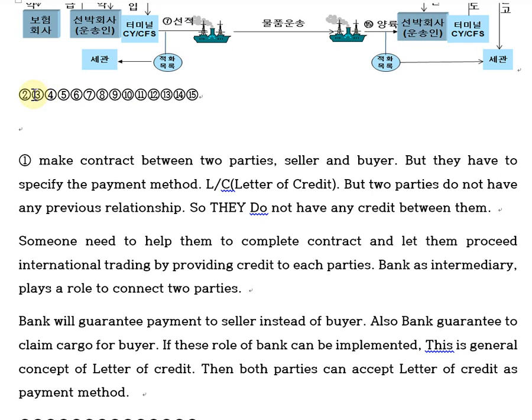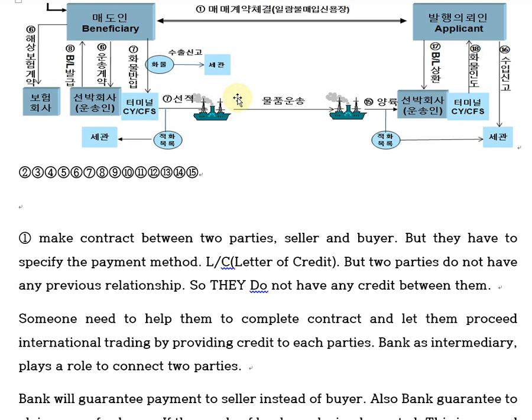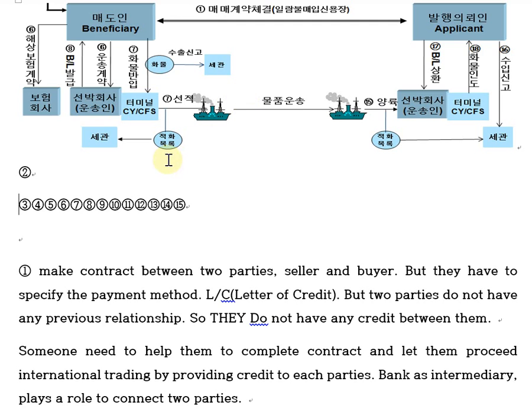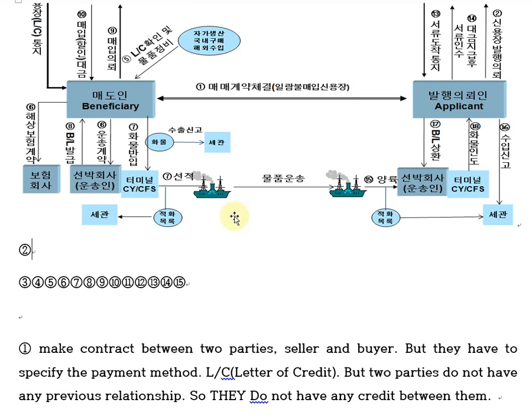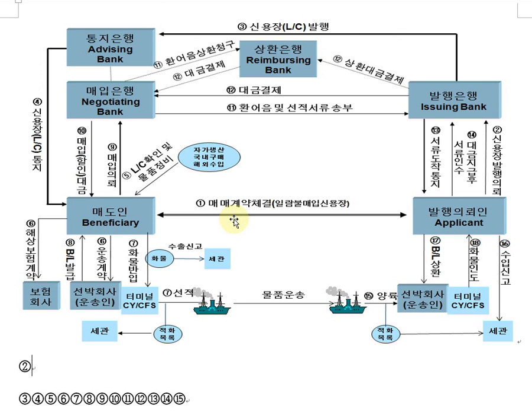Okay, next. Number two then. What is the next procedure? Number two, we can see that these two parties agreed to use the letter of credit as international payment because the bank guarantees both parties concerned.